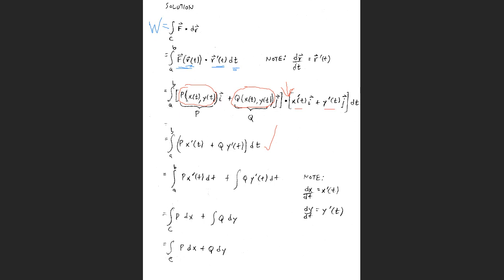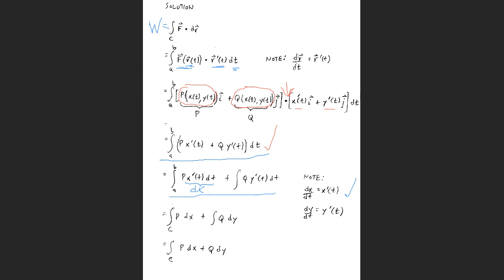Of course, we can write this single integral as the integral of a sum, which is the sum of the integrals. But x prime of t dt is just equal to dx, by virtue of the fact that dx/dt is x prime of t, so dx equals x prime of t dt.